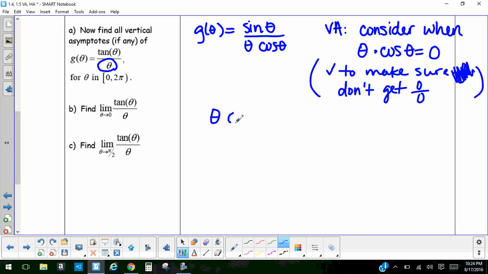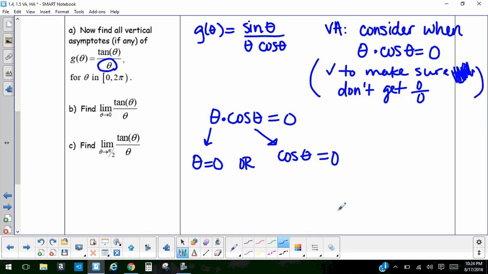Okay, theta times cosine of theta being 0. This is multiplied together, so we can solve by factoring. We can split it apart. This means that theta is 0, or this means that cosine of theta is 0. We just solved up above when cosine of theta is 0, and if you go back and check our interval, they want 0 to 2 pi, so just one time around the unit circle.